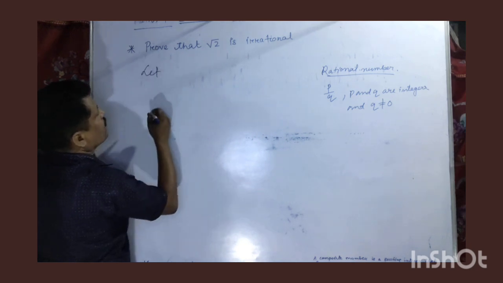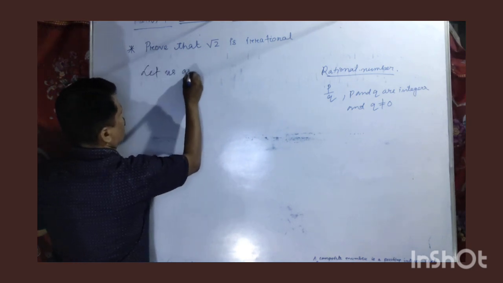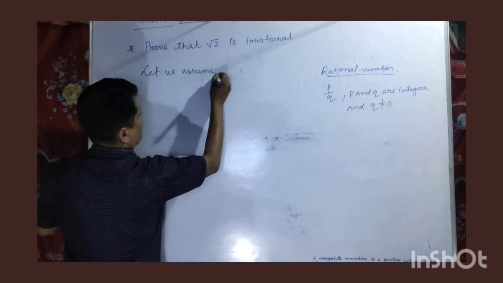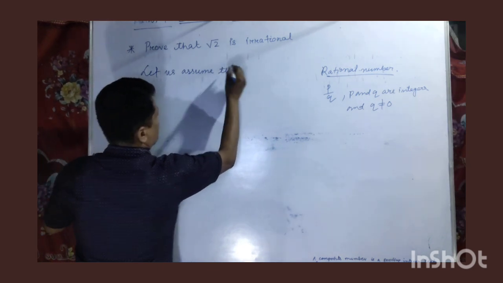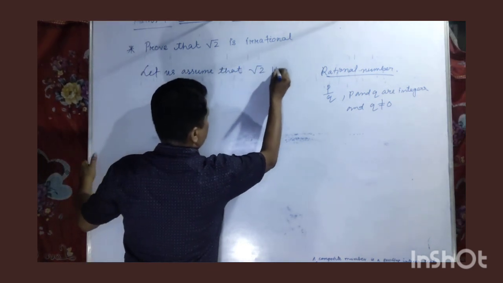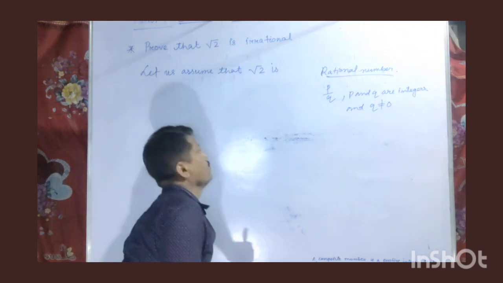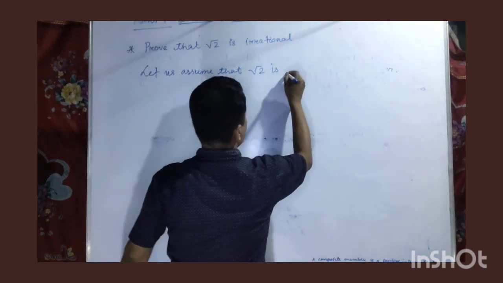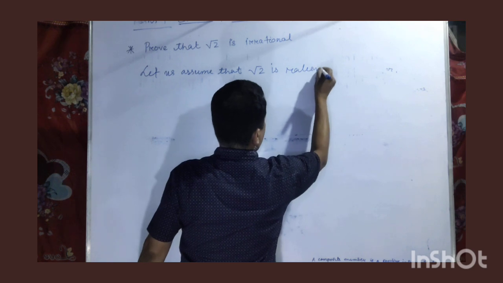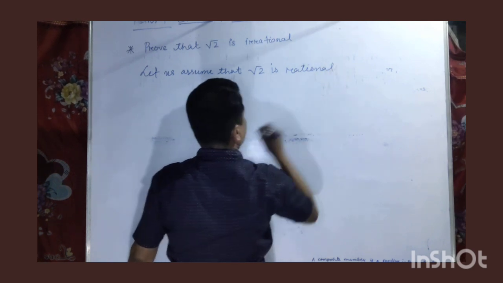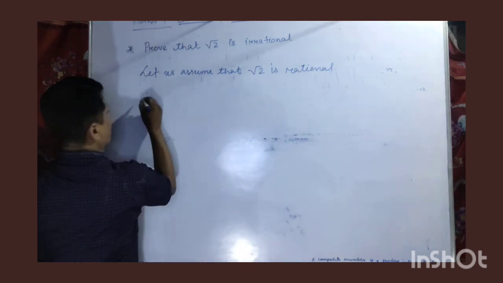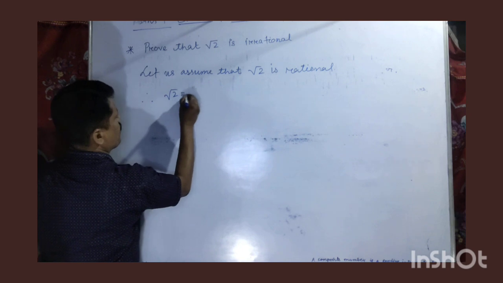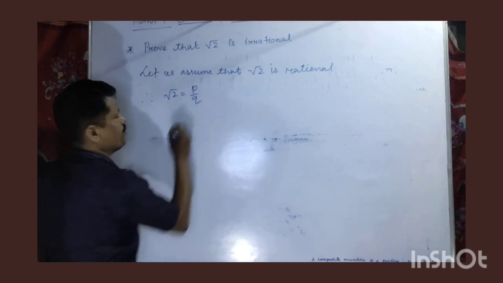Let us assume that root 2 is rational. Therefore, root 2 is equal to p by q.